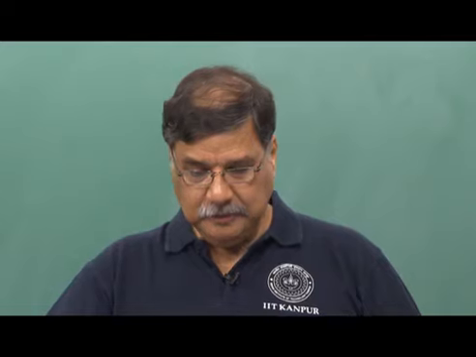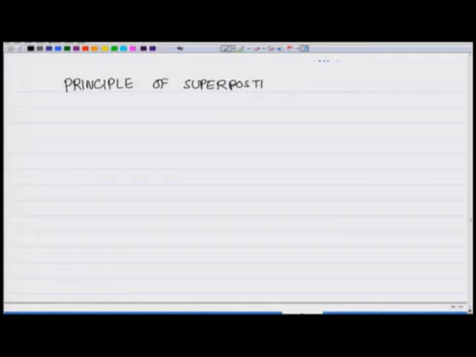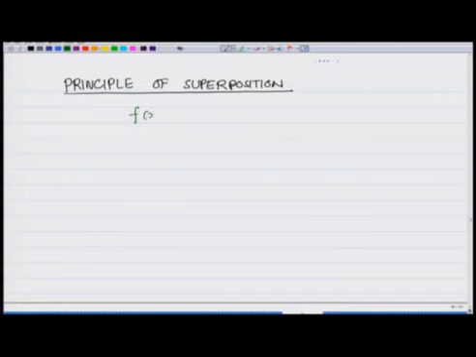So, let me just briefly restate what I just said, is that there is something called the principle of superposition, and I will just state it mathematically now, that the net displacement at a point is going to be the sum of individual displacements given by individual waves at that point.